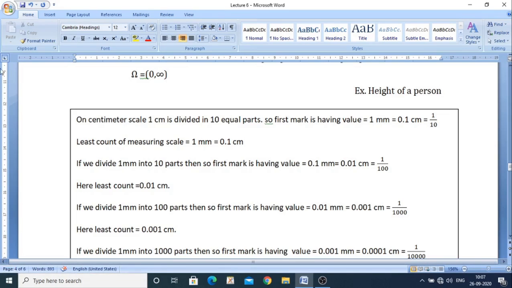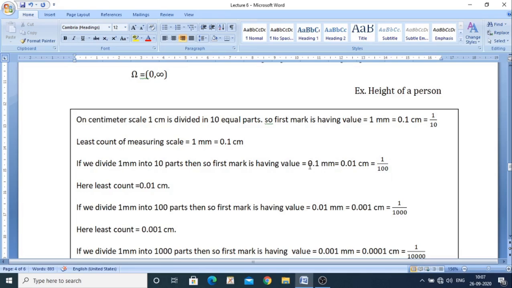Now suppose I don't have that measuring instrument, but I want to know what the smallest number is. I can say that if I divide 1 millimeter into 10 equal parts, then the first mark has the value 1 millimeter upon 10, because I am dividing into 10 parts.